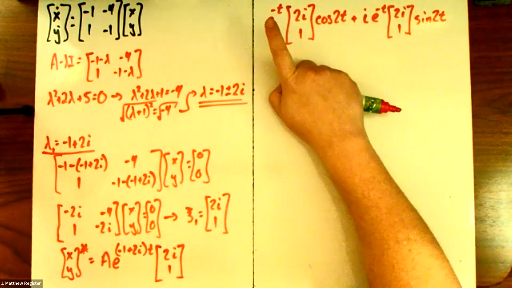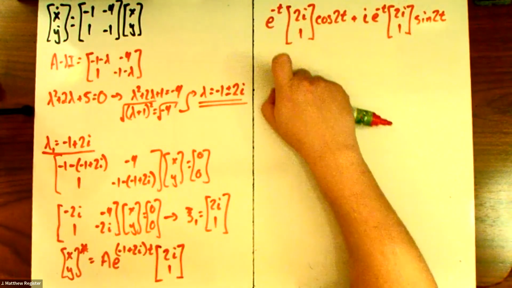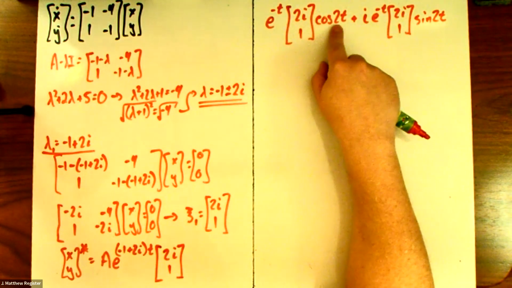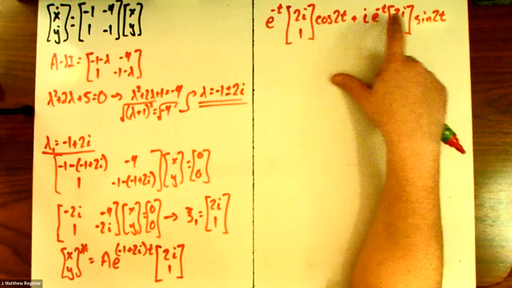And so this is the e to the a plus bi. Well, the b term comes in here, and then we have the i sine of 2t.